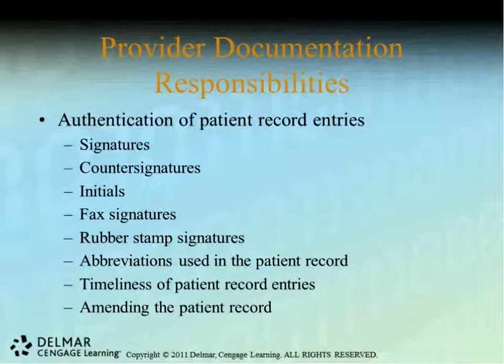Your healthcare providers have the main responsibility of documenting in that record based on the treatment that they are providing, and those documentations have to be in compliance with your accreditation, your different regulations, and your legal standards and so forth.